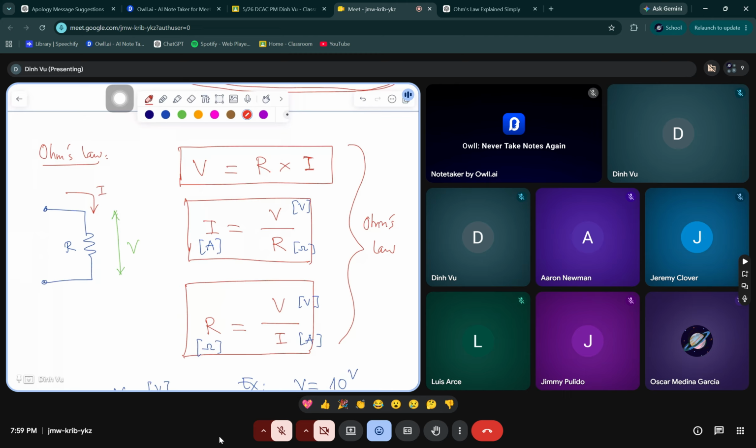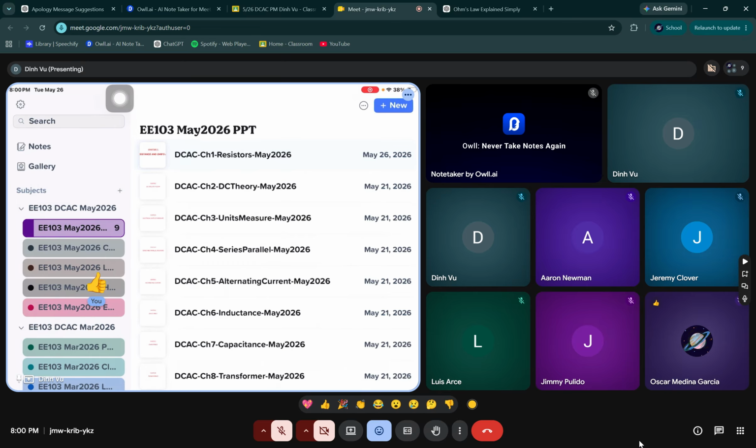We use V is R times I, or I is V over R, or R is V over I. It depends on what we are given. But the whole method is Ohm's law. Do you understand? Now, let's do some exercises.